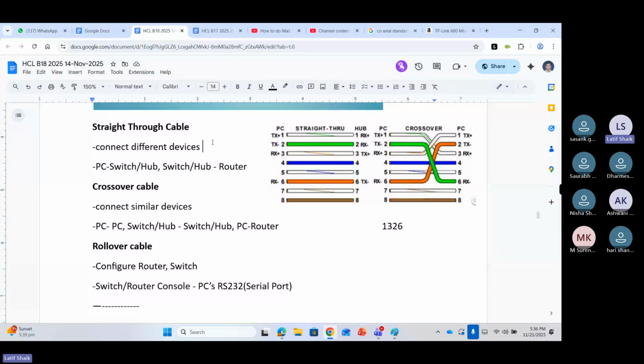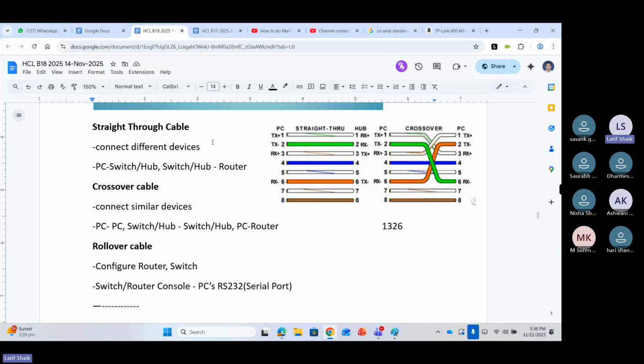There are a lot of reasons also, and there is an explanation, but right now just understand it as the cross cable. So what is a cross cable? The color you put on the first pin on one side goes to the third pin on the other side. First pin, third pin; second pin, sixth pin.